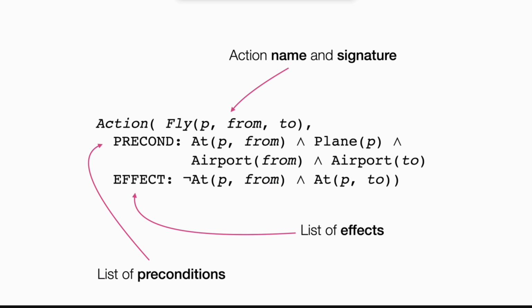And if you see the not sign, that's a not, which means I'm going to delete this. And here, there's nothing there, so here we're going to add this. So you can imagine we're deleting the first at from the state and adding the next one.